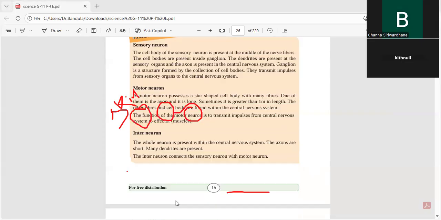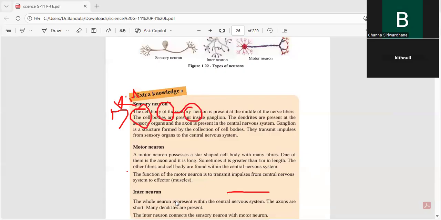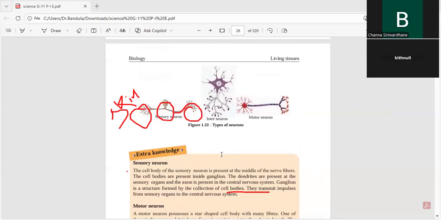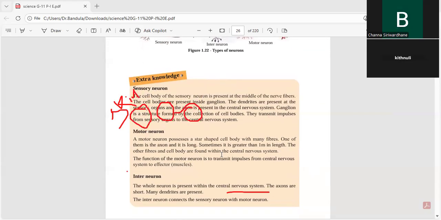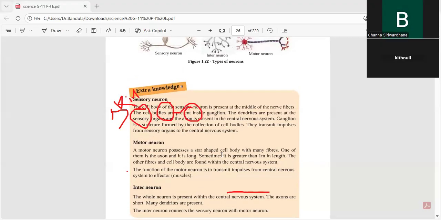Right? Then motor neuron. Right? Motor neuron possesses a star-shaped cell body, like this one here, with many fibers. One of them is the axon, and it is long.